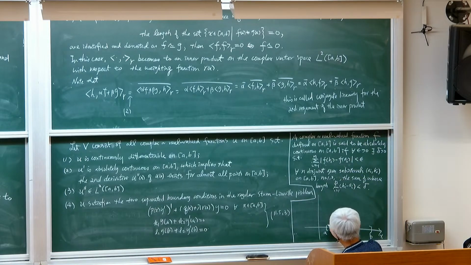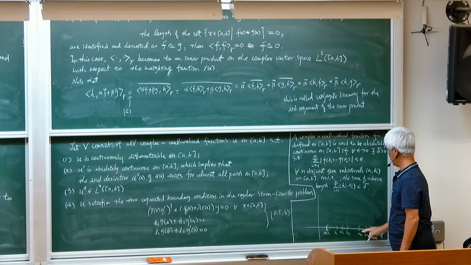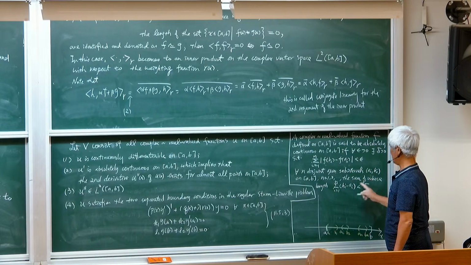We may select, here, a1, b1, a2, b2, and then maybe a_n, b_n. They are disjoint. Here we have n disjoint open intervals, and the sum of those lengths.